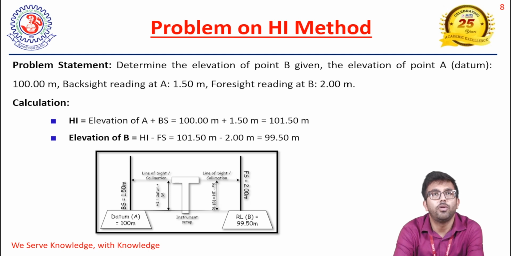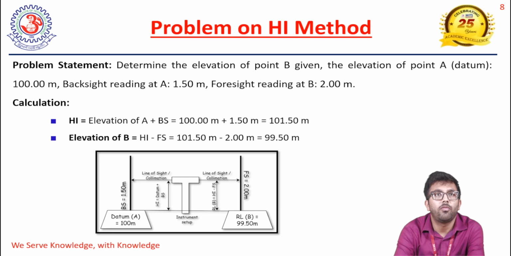Since only two readings were taken, the first reading is the backside and the last reading is the foresight. The first step is to take the backside, which has already been given. Now we need to find the height of instrument. As I said, it is the sum of the benchmark or datum plus backside. So 100 plus 1.5 meter gives 101.5 meter. That is the height of instrument.